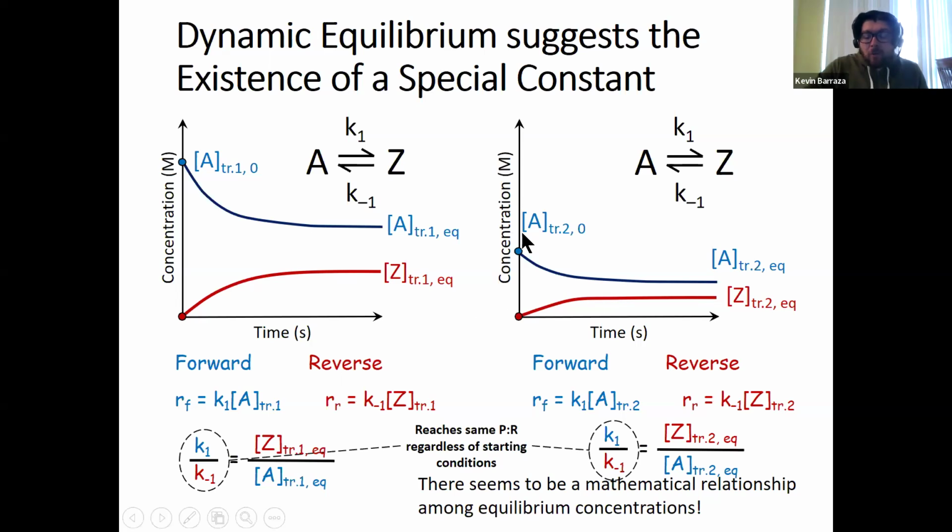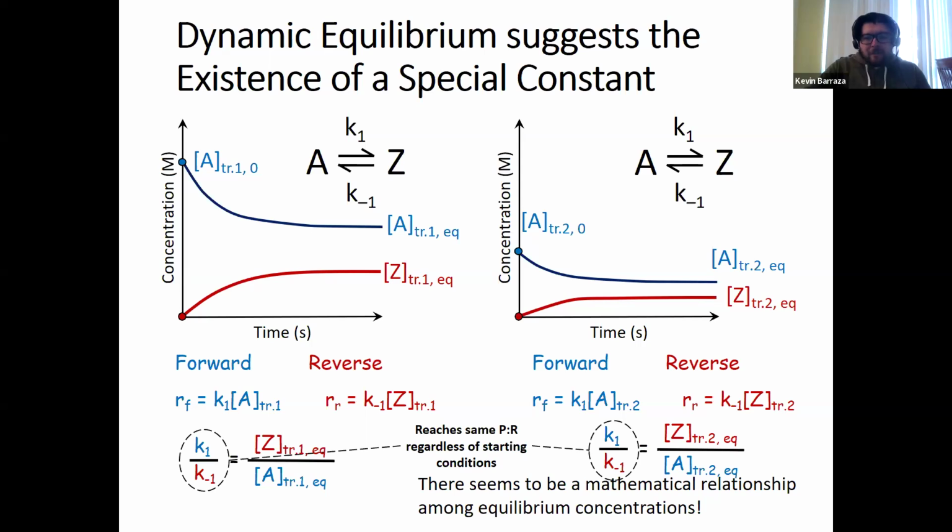So no matter which starting amounts I use, the ratio of Z over A is going to be equal to K1 over K minus 1. And those are just constants, just the rate constant ratios. So that means we'll get the same answer at equilibrium every single time.